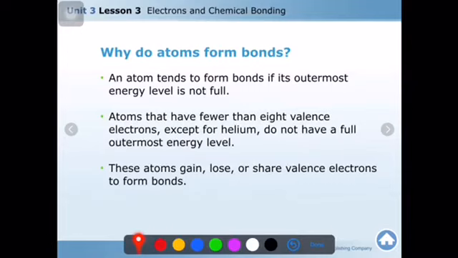But you have to know that bonds can form between atoms by gaining, losing, or sharing electrons. Which electrons? The valence electrons. Where are the valence electrons? They are present in the outermost energy level of the atom, on the electron cloud.